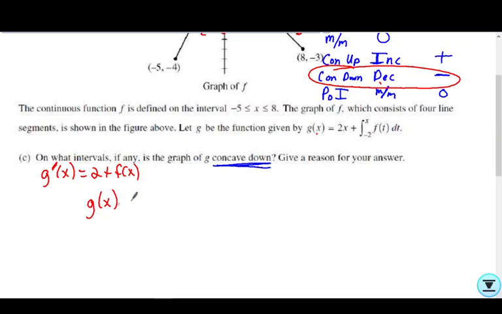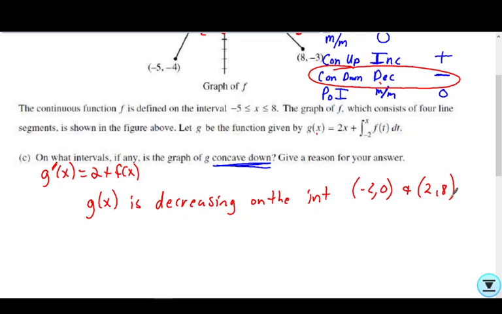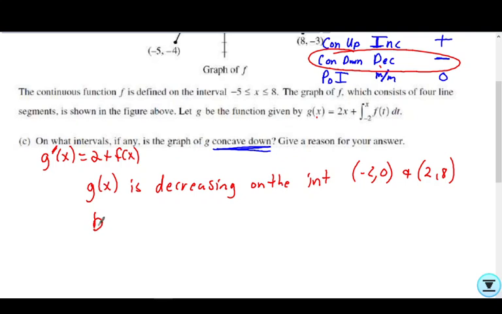g of x is decreasing on the intervals -2 to 0 and 2 to 8 because g prime of x is decreasing.